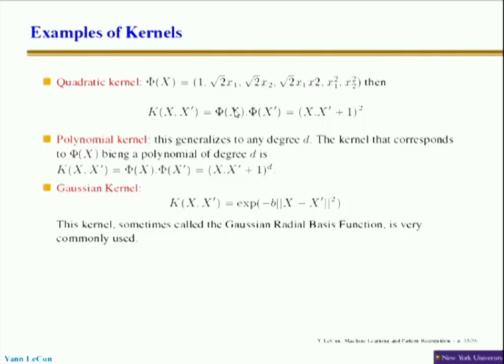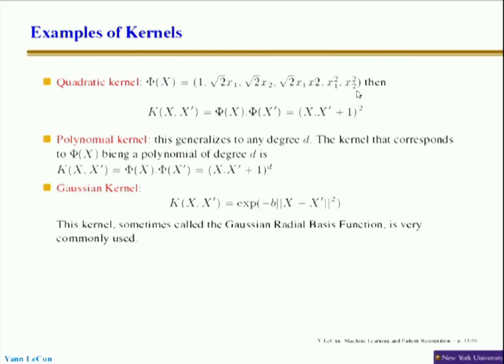So here's an example. Let's say our phi of x is something like this, very similar to what I was telling you about earlier, where we map the components of x to 1, square root of 2 x1, square root of 2 x2, square root of 2 x1 times x2, x1 squared, x2 squared.